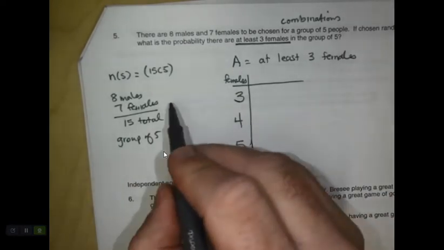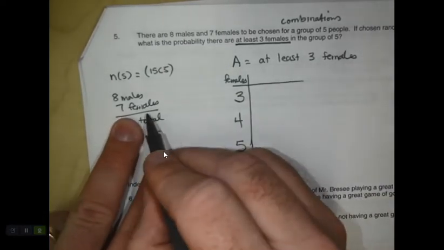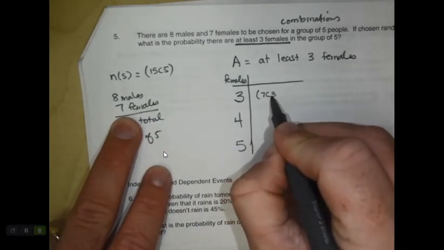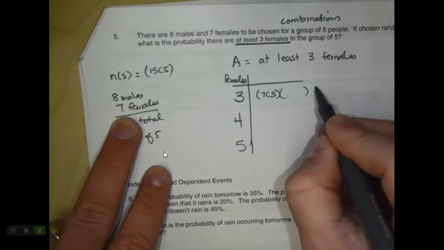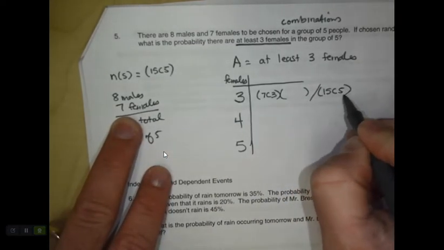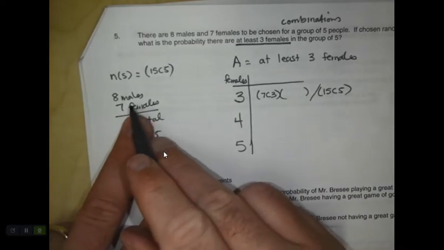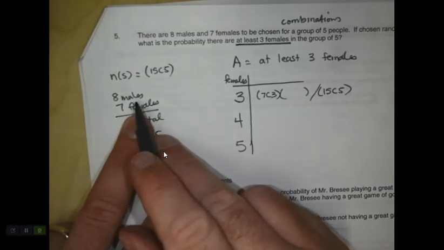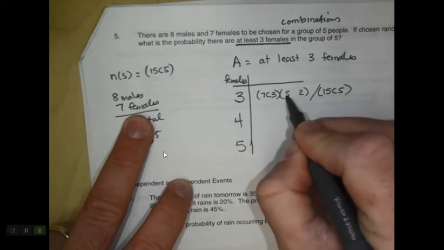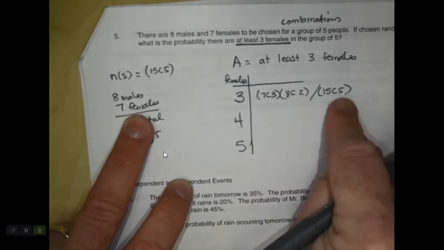All right? And then I look at, if I have 7 females and I choose 3, 7 choose 3. And I know my total has to be 5. I should be able to look through and then how many males do I need to choose? Hopefully, you would say that I have to choose 2, because I need a total of 5.